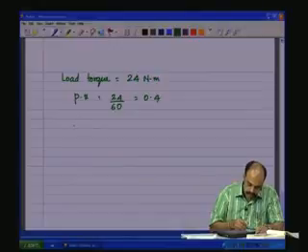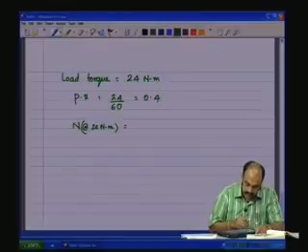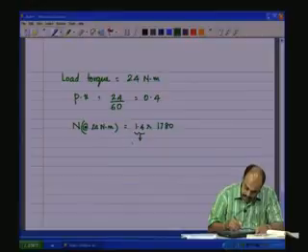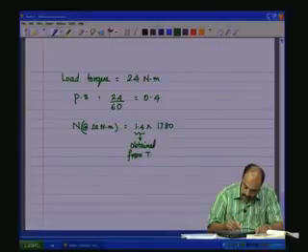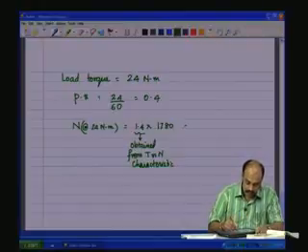So, the speed at 24 Newton meter torque is equal to 1.4 into 1780, obtained from the torque versus speed characteristic. This is equal to 2492 RPM.